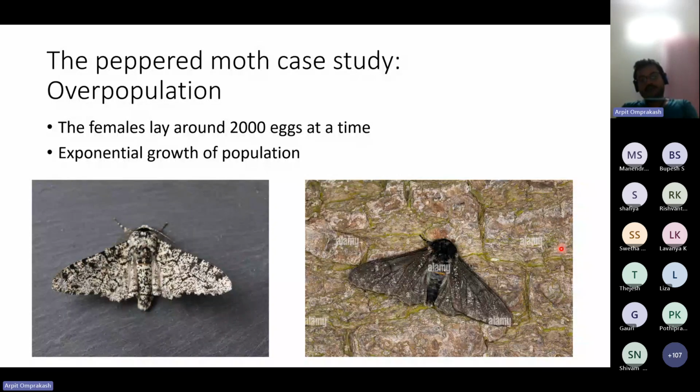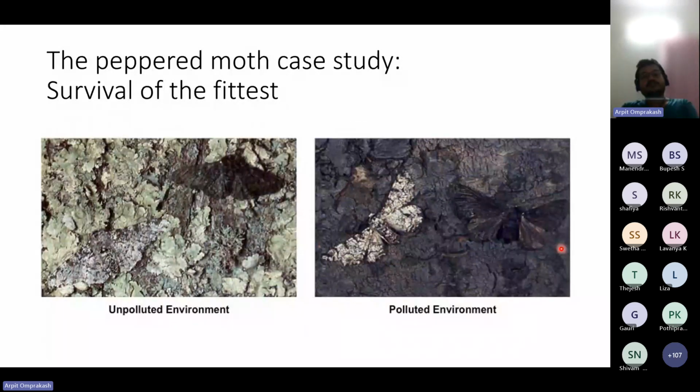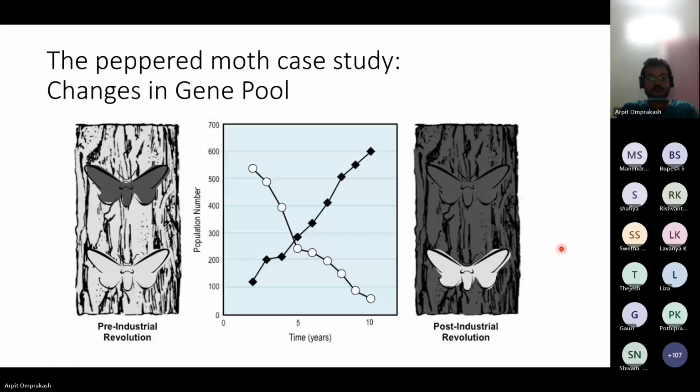In different environments, different morphs are fitter, and when these environments change from one to the other, there are associated changes in the gene pool, or the frequency of the genes belonging to the different colors or the different morphs. Okay. Now that is the theory of natural selection.